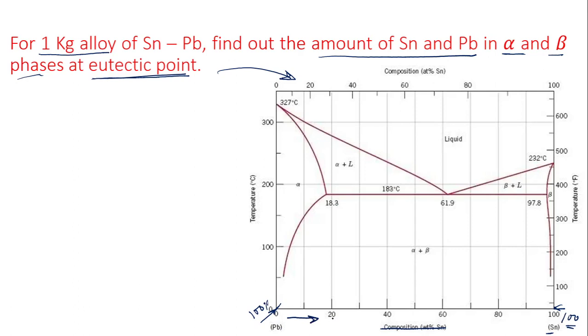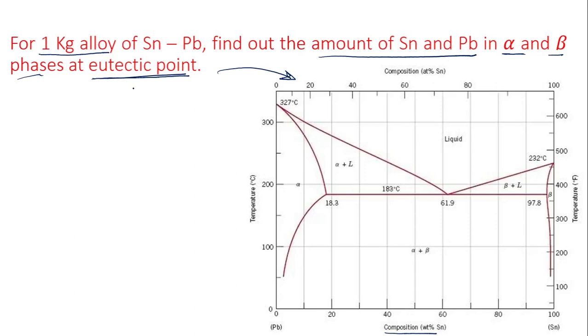But here you are observing percentages are increasing, which means whatever the data are given here are not related to Pb. These data are related to the percentage of Sn. So first thing you have to identify this, and you can see here it is written, composition weight percentage of Sn.